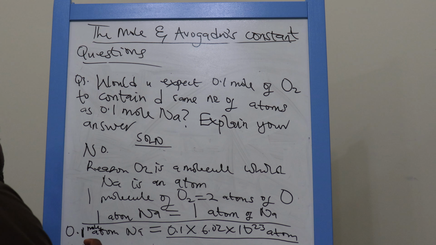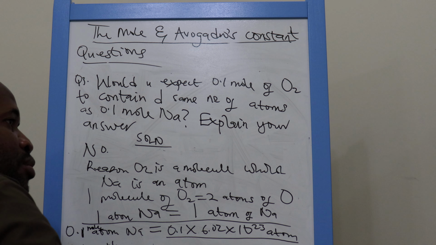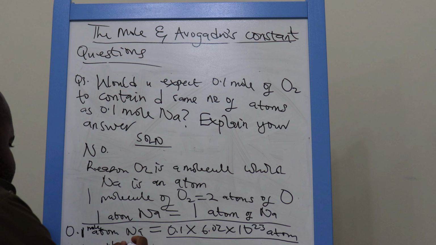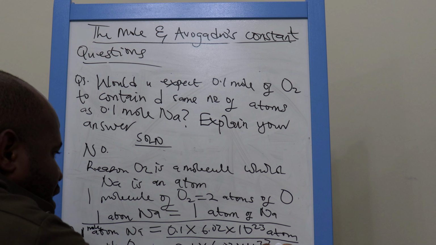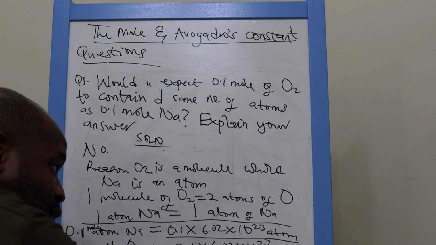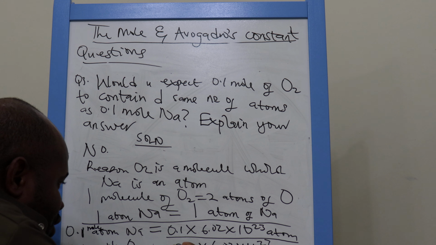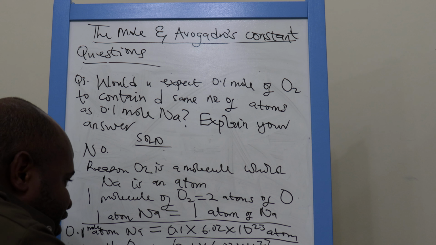And here 0.1 mole of oxygen molecules contains 0.1 times 6.02 times 10 to the exponent 23 molecules. This same number of molecules is equal to twice that in atoms. So all this times 2: 0.1 times 6.02 times 10 to the exponent 23 atoms.